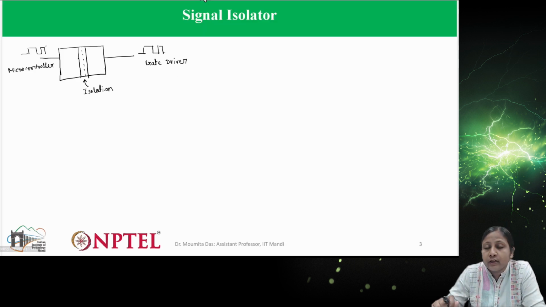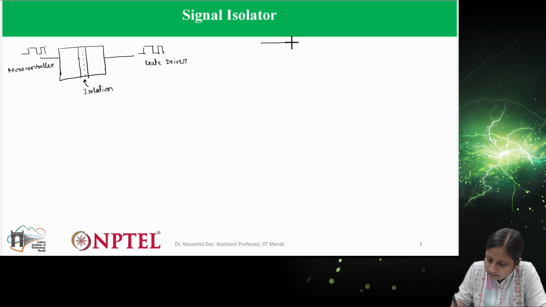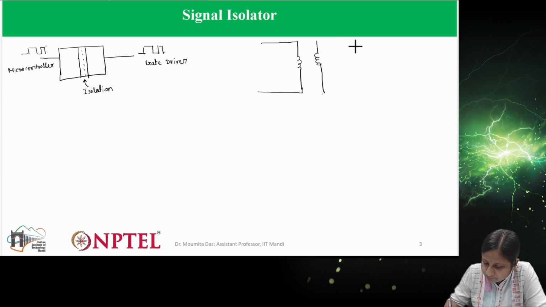Then if I consider this common mode transient immunity, how should this circuit look? If we have a circuit with isolation, this is the isolator we are talking about.